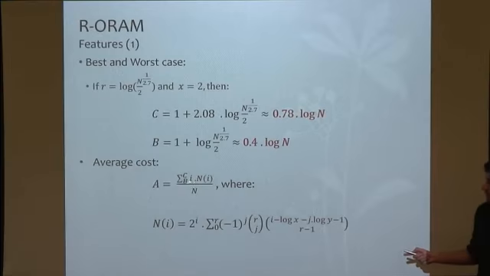So for the average cost, we are verifying this relation, where Ni is basically the number of leaves that you have in every level, in the ith level. And we are multiplying by i, like a weighting factor, and dividing by n. So we want to know what this combinatorial formula looks like.